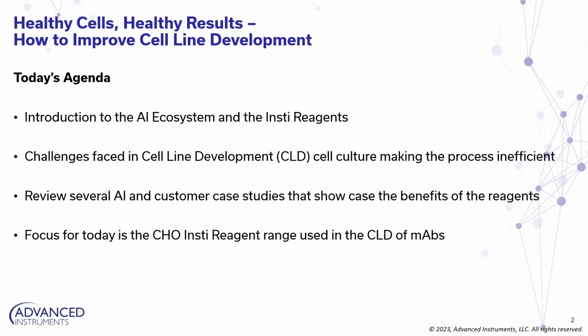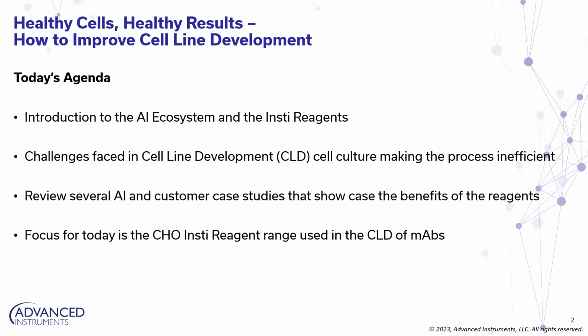In today's talk, I would like to start by giving a quick overview of Advanced Instruments Solentium ecosystem, the INSTI reagent range of products, and how these reagents complement the ecosystem. I will then specifically call out the cell culture challenges which make the cell line development process so inefficient.